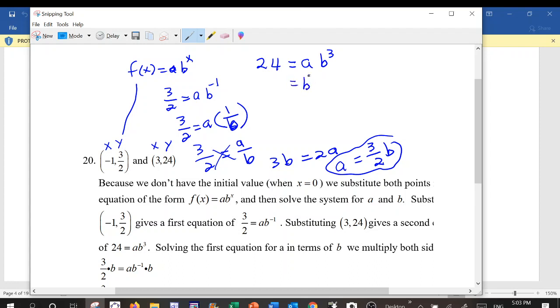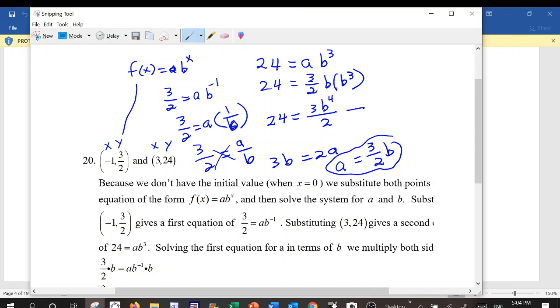It means that 24 equals a times b to the third. But we know what a is. a is 3/2 b, times b to the third. So that means 3 times b to the fourth over 2 equals 24.